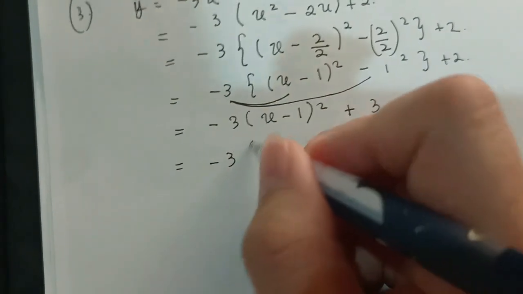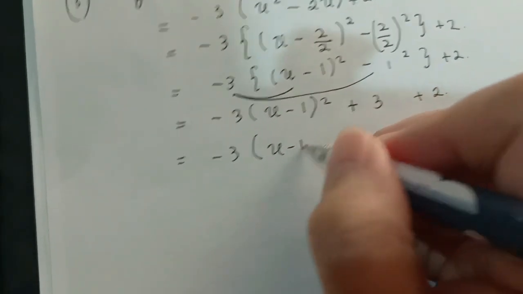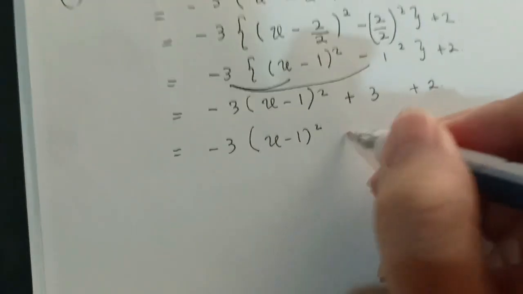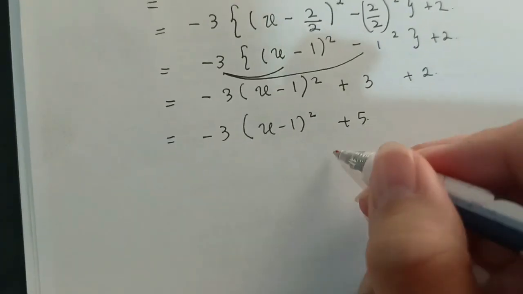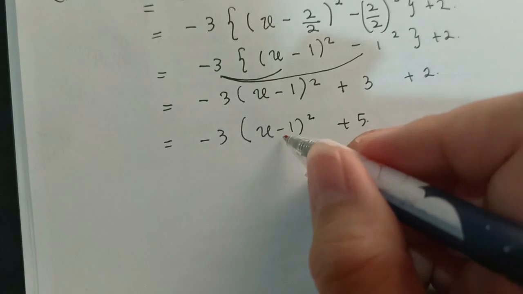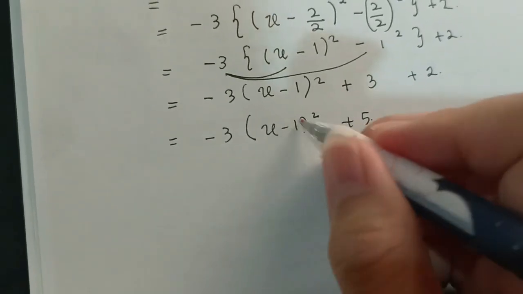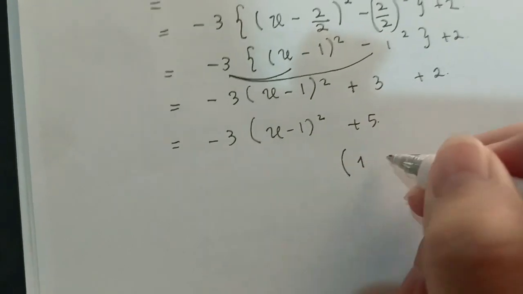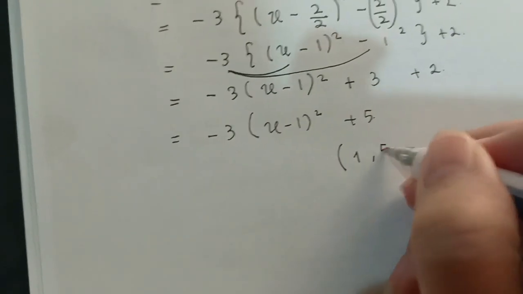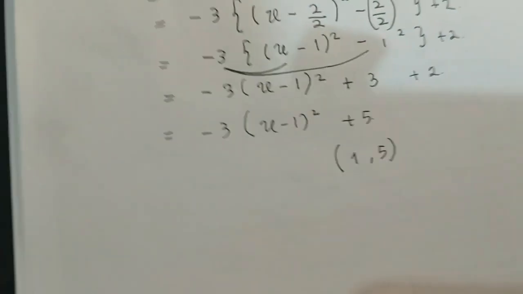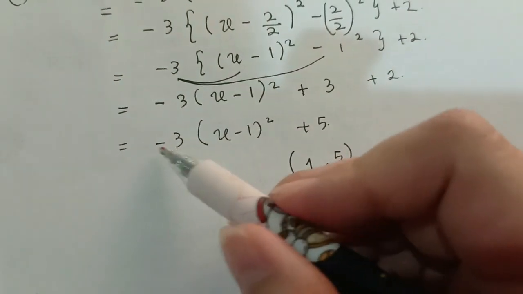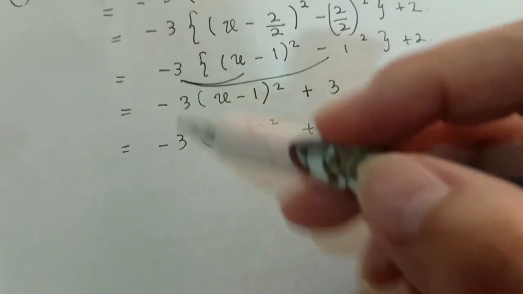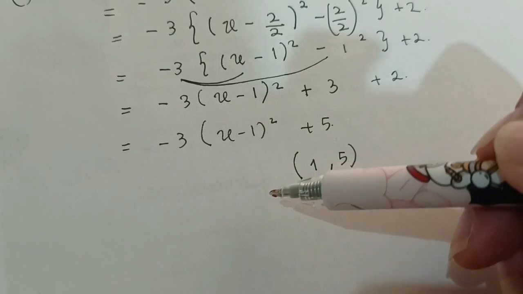So minus 3 in the bracket, x minus 1 quadrat plus 5. So the coordinate will be 1, because this is minus 1, minus become plus, comma 5 for the y. And remember, because this is minus, the parabola will go down.